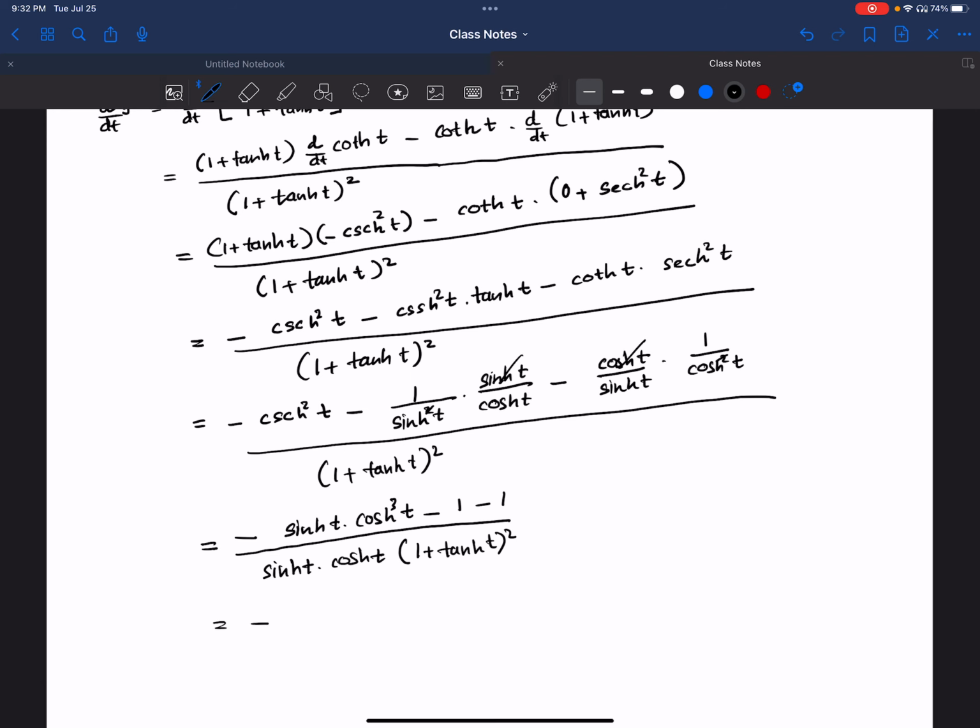So this is negative 2 plus sinh t times cos cube t divided by sinh t times cos t times 1 plus tan t squared. So that's our answer for that problem.